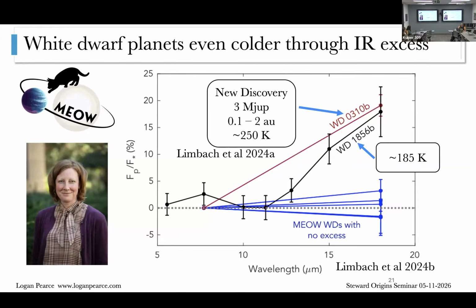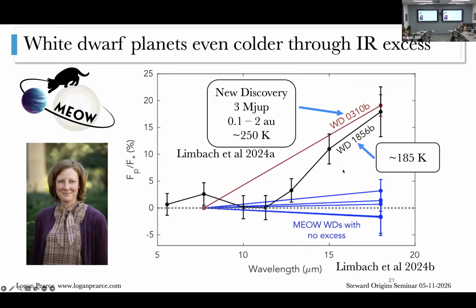Marianne Limbach has a program called MEOW, which is M-dwarf exoplanets orbiting white dwarfs, where they detected the known white dwarf planet WD 1856b, which is 185 Kelvin, in infrared excess. So this is MIRI wavelengths on the x-axis, and then planet-star contrast on the y-axis.